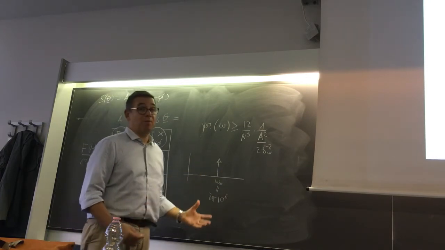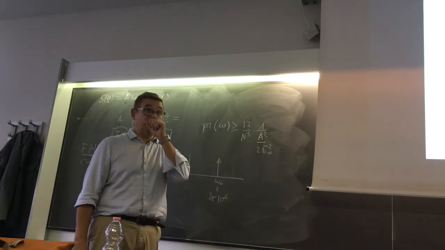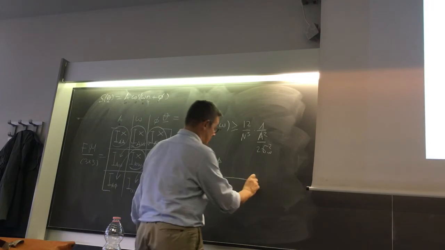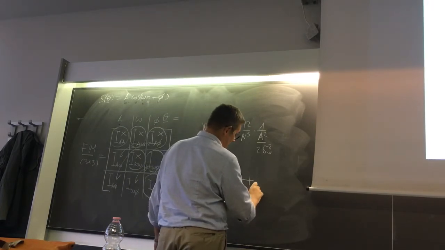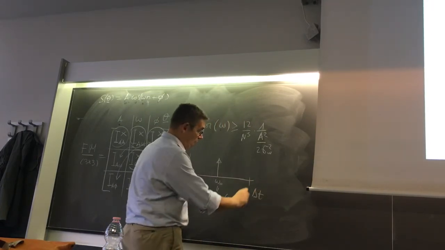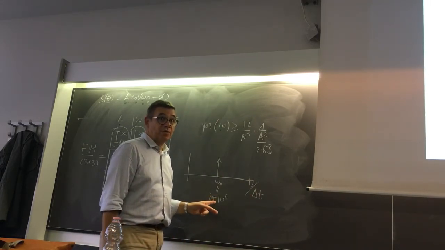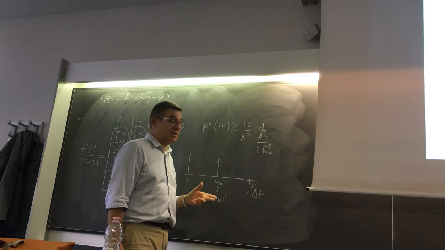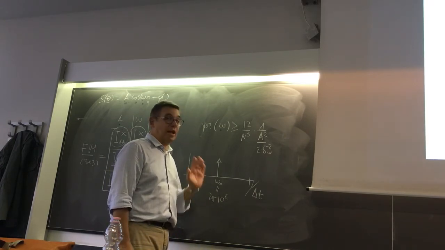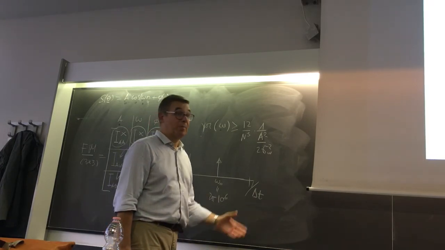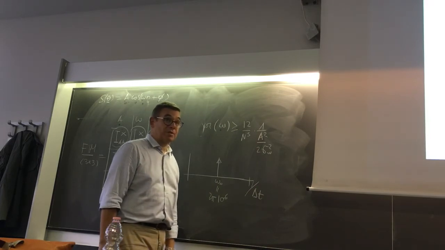Now if you need to sample this signal, the sampling theorem says that you need to choose delta t, or 1 over delta t, such that this frequency is fully contained within the sampling capability of that sampling frequency.